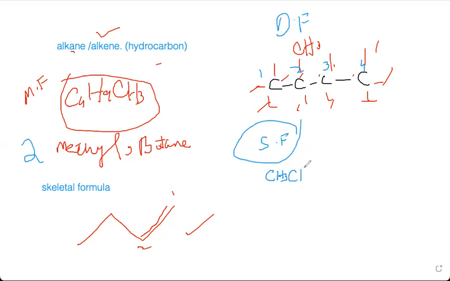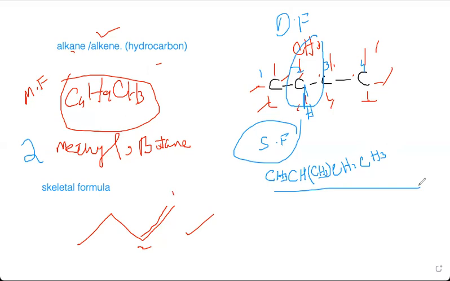Then we have CH. See this one. We have CH because at the lower side we have hydrogen. So we have CH, and in a bracket you have to write CH3. What does it mean? Methyl is attached here. Then we have CH2, and then we have CH3. This one is the structural formula of 2-methyl butane.